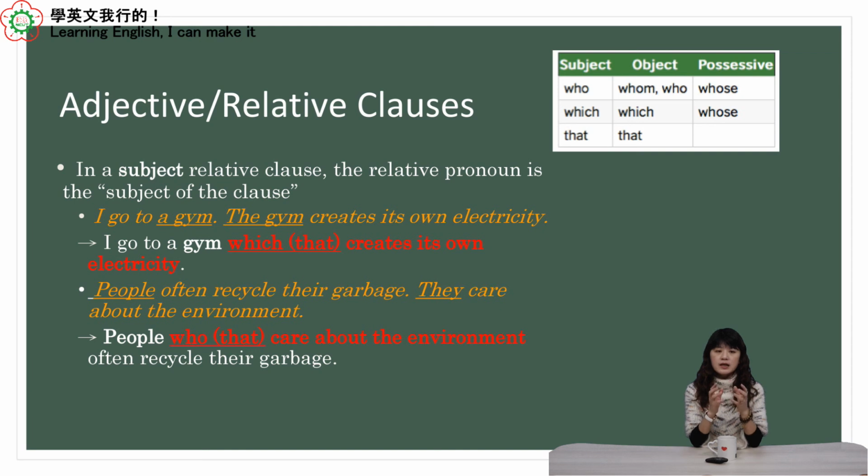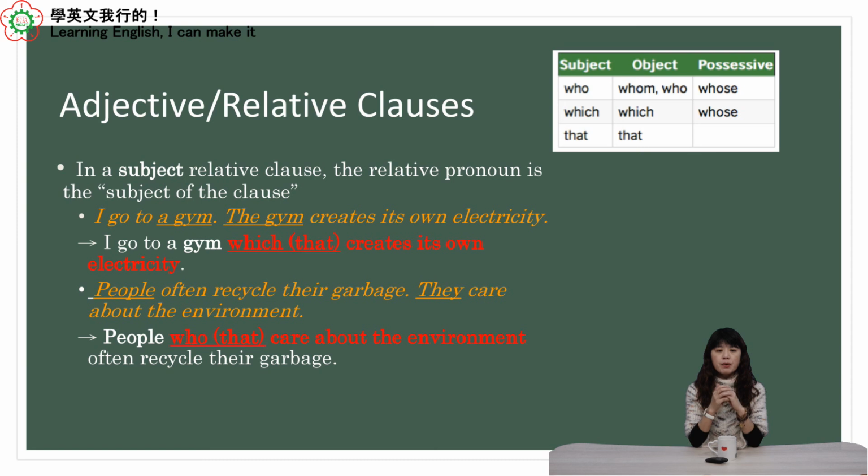So we use the relative pronoun which, or you can use that. Do not use who, because the gym is not a person, so you cannot use who. You can use either which or that, and then combine the sentence. The relative clause you will see is: I go to a gym which creates its own electricity. So this "which" means a gym.